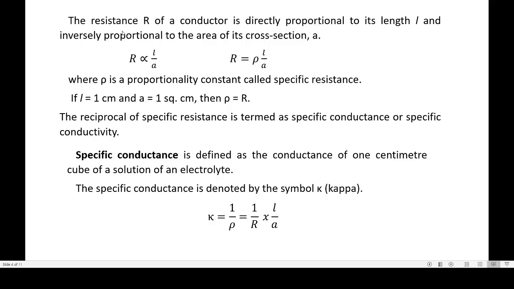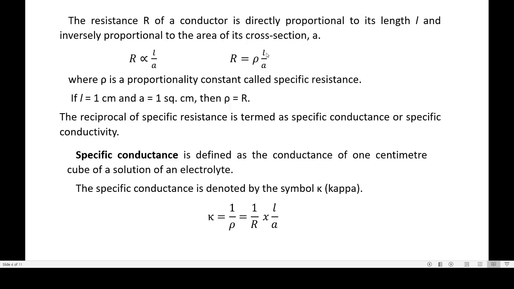If you take a conductor, the resistance R of a conductor is directly proportional to its length L and inversely proportional to the area of its cross section A. So resistance is proportional to L upon A. The proportionality constant is rho, which is called specific resistance.